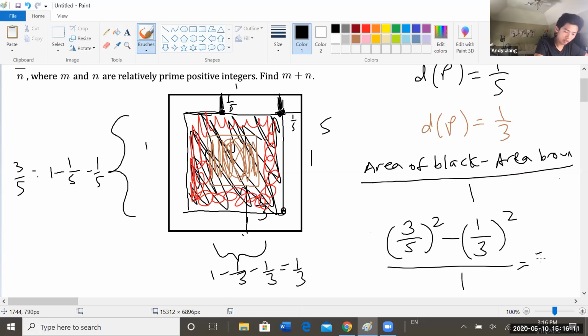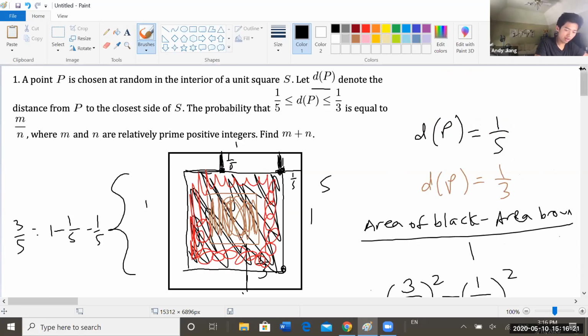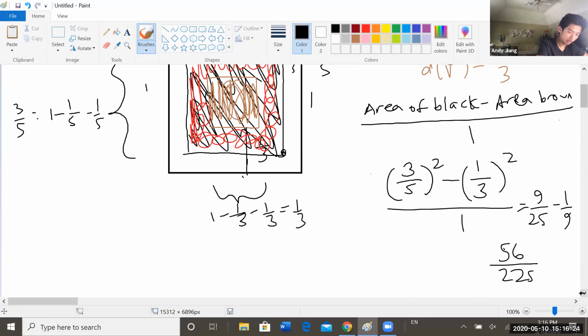And simplifying, I get 9/25 minus 1/9, or 56/225. So my answer, since it was asking for m plus n, is 56 plus 225, which is 281.